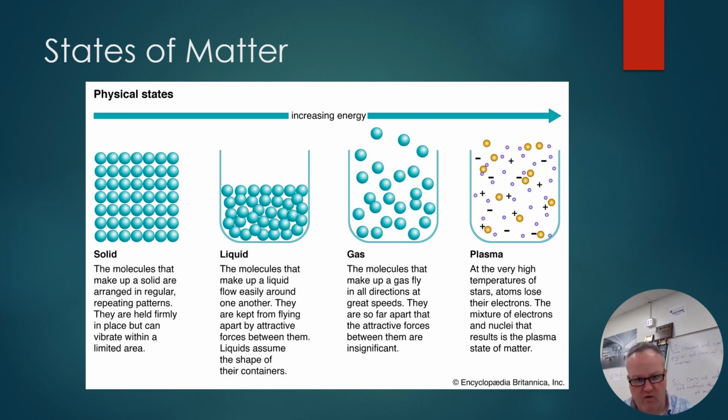First thing, if you look at the solid here, you'll notice that between these particles that make up that solid, these are very close together. So there's like little space here. Whereas if you move into the gas or the plasma, you're going to have much more space between those particles.